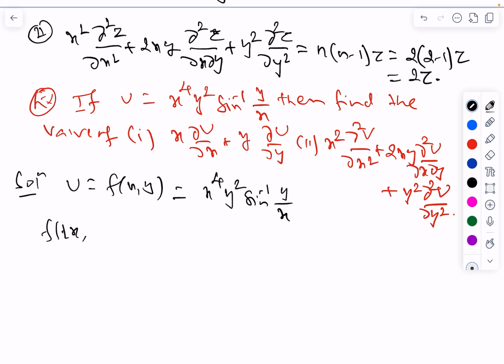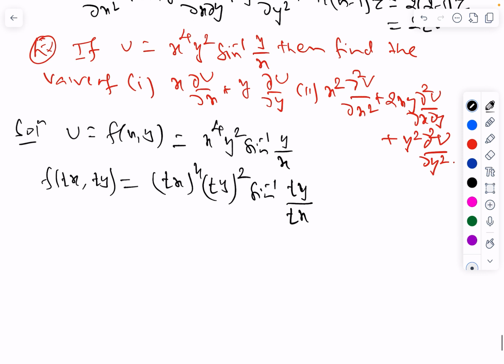Now f(tx, ty). So this is (tx)⁴ (ty)² sin⁻¹(ty/tx). So this is t⁴ t², so that is t⁶, x⁴ y² sin⁻¹, the t cancels, y by x.